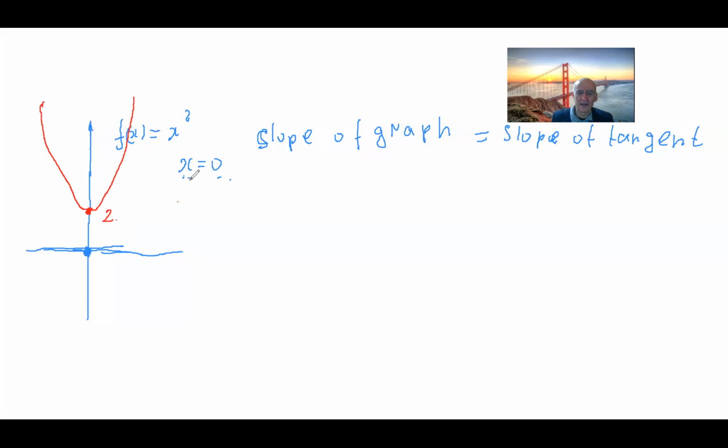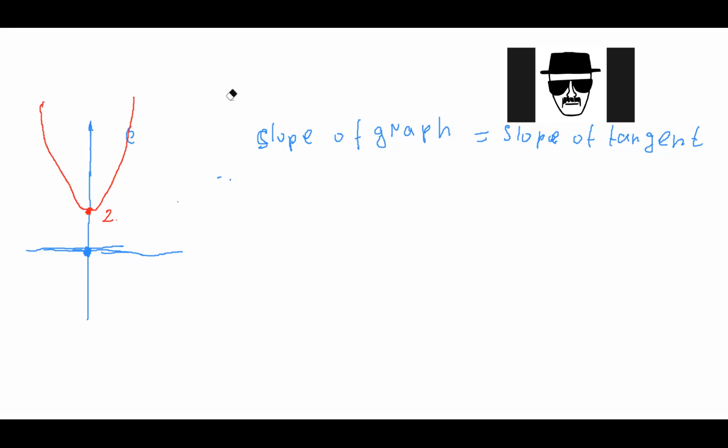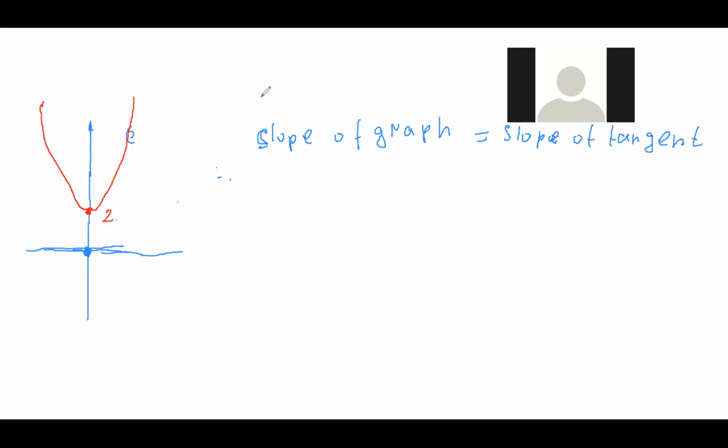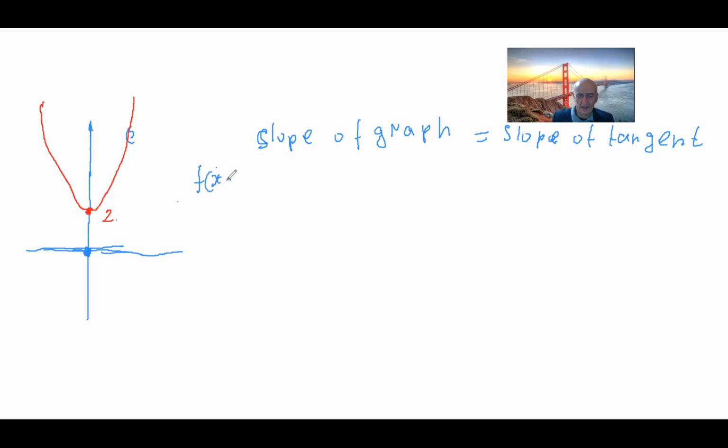First of all, help me to write down the equation of this graph. f(x) equals x squared plus 2, because it is shifted up by 2. Very good, Rati. So the equation of this graph is x squared plus 2.